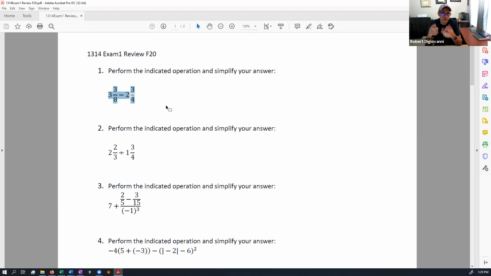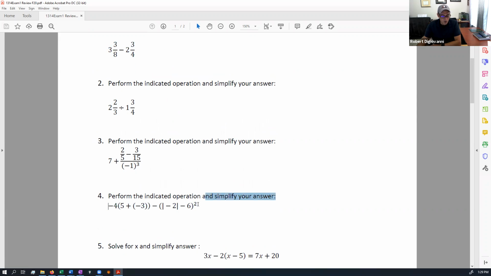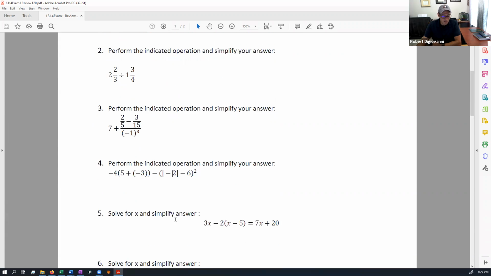This is not a can-you-use-your-calculator test. This is a make sure you understand how to mechanically add, subtract, multiply, and divide fractions, especially for problems like this. If all you do is give me an answer here with no work, that's not what I'm looking for. I want you to show all your work.